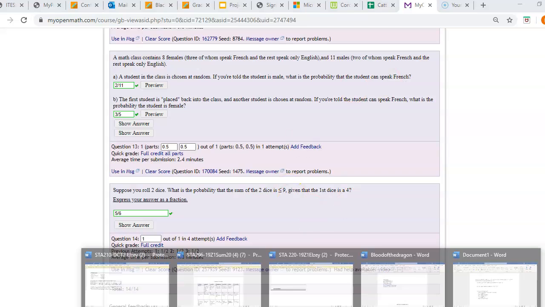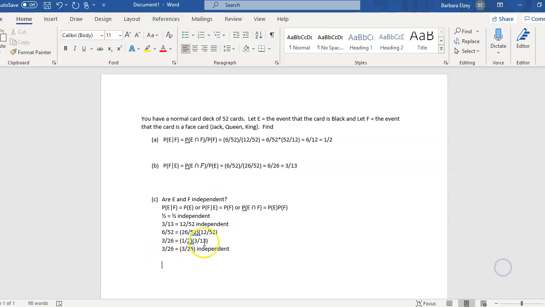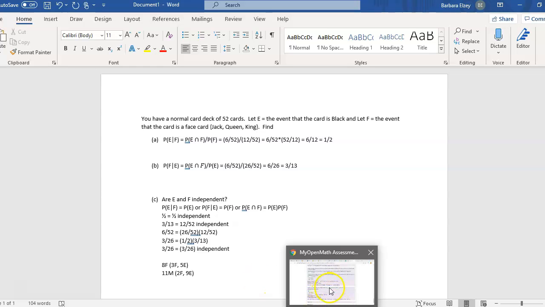So I'm going to write down a few things just to help us out here. We had that there were 8 females, and of those 8, 3 spoke French, which meant that 5 were left over for English, and 11 males, and 2 spoke French, which meant that 9 spoke English. Okay, now going back for a second.